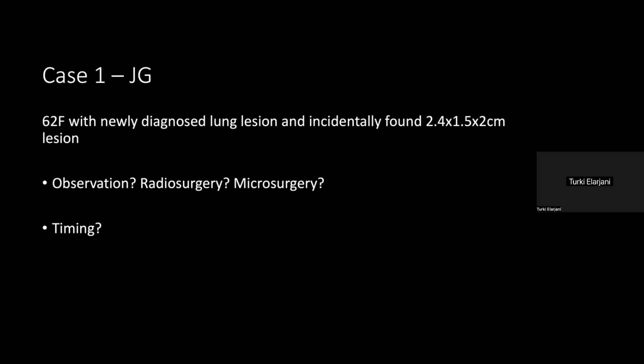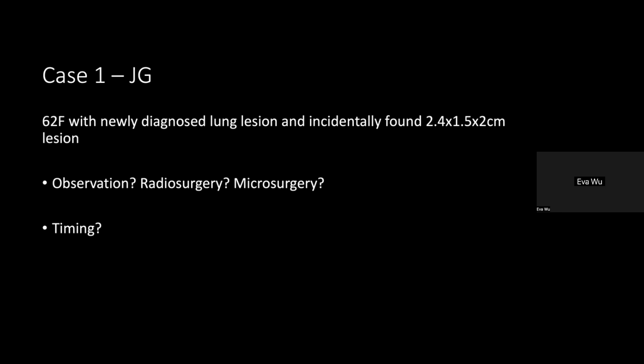So I'd refer her for audiometry, and then I would just observe. I would not treat this patient, given that she's asymptomatic, at least in the meantime. If it grows or if it causes any symptoms, then I might consider my options, whether it's microsurgery versus radiosurgery.